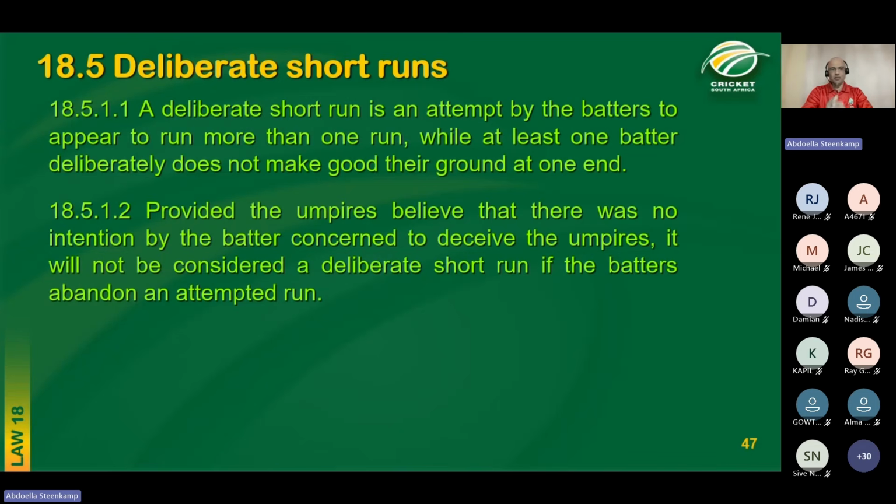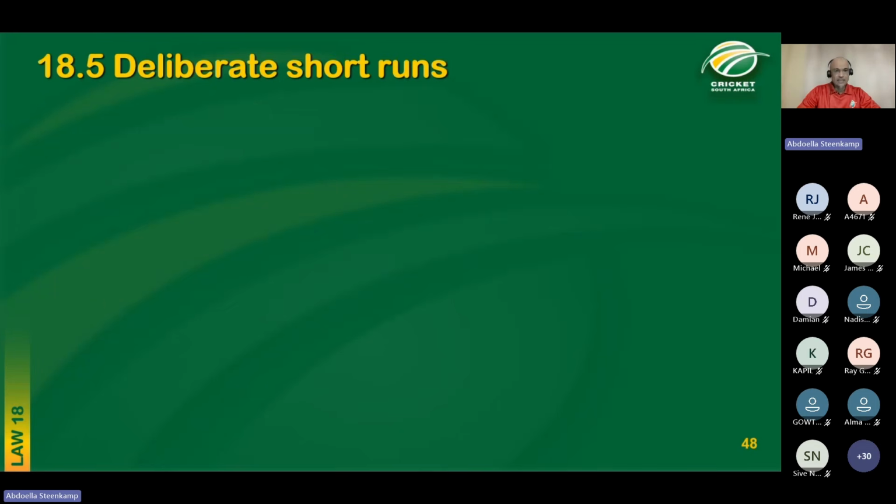There are times where the batters may decide to abandon an attempted run. If that is the case, you won't see that as deliberate, but it's for the umpires to decide. And if you decide it is deliberate, you then need to call and signal the deliberate short run.